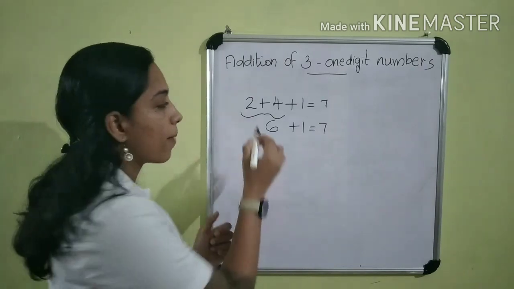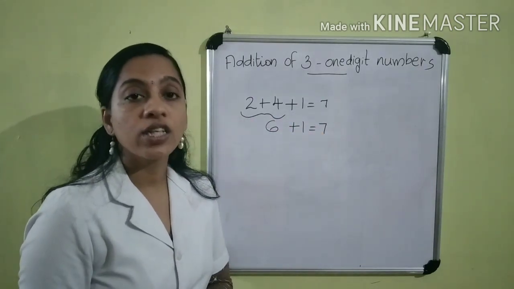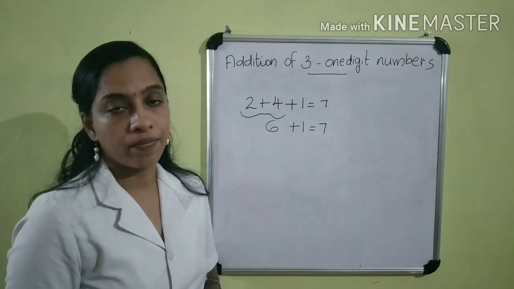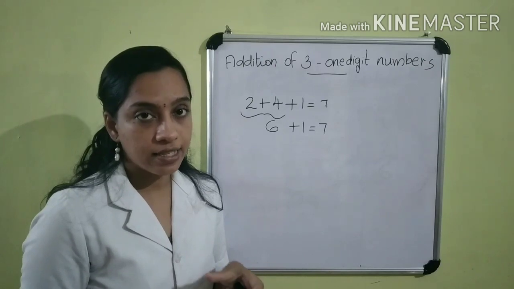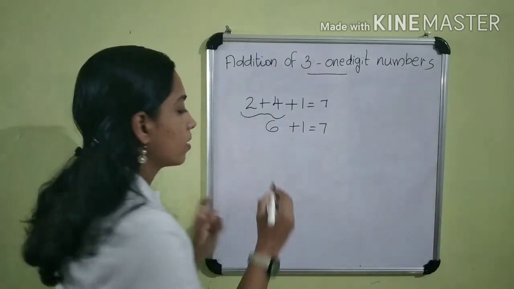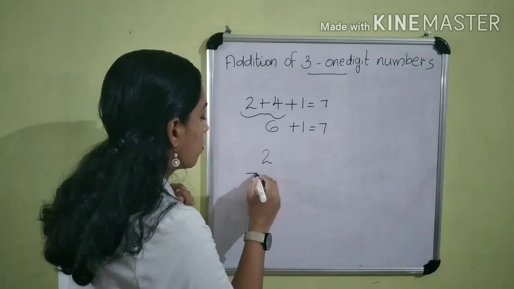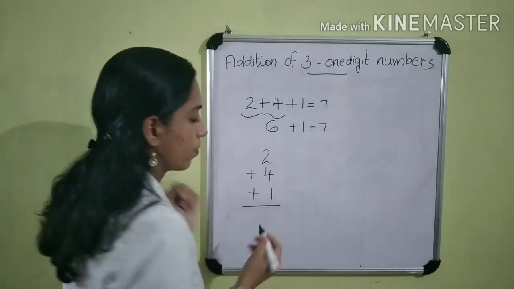We arranged the numbers horizontally. We can also arrange the numbers vertically. How do you arrange numbers vertically? We write numbers one below the other. See, 2 plus 4 plus 1.